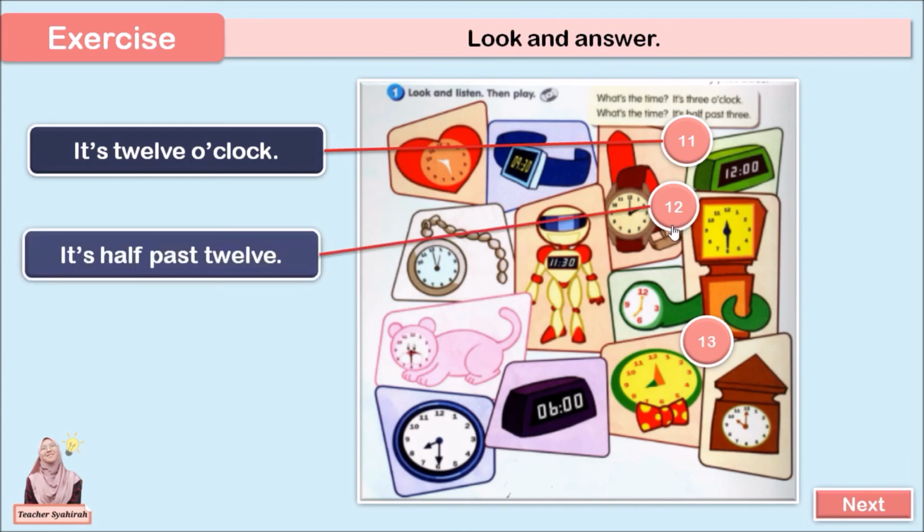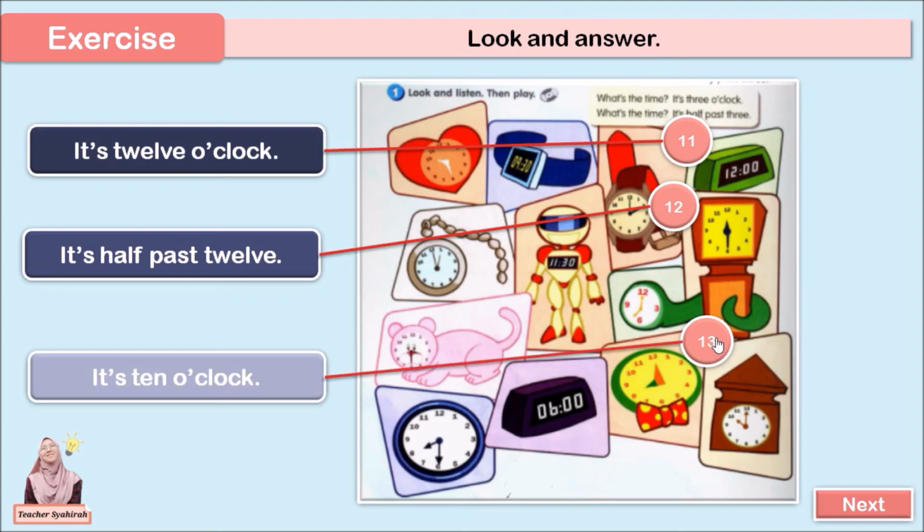Yes, it's 12:30. Now the next one, the shorter hand shows at 10 and then the longer one shows at 12. What did you answer? Correct, it's 10 o'clock. You're doing great.